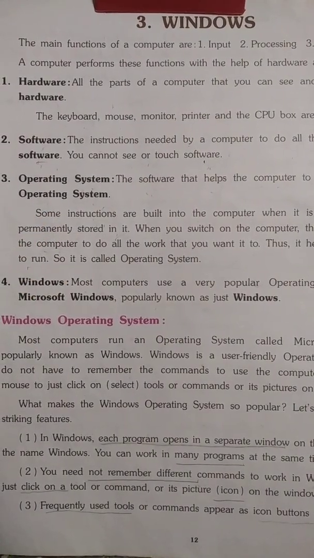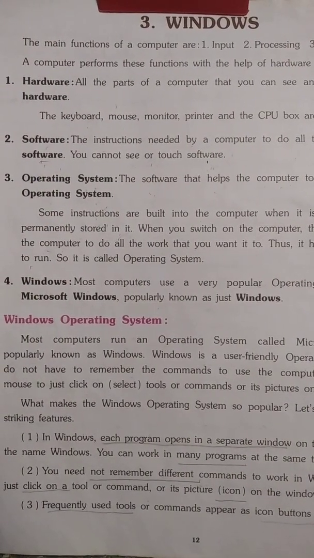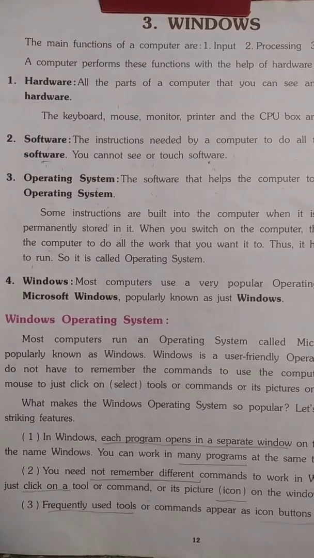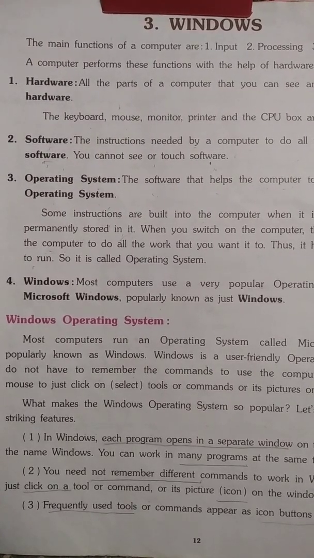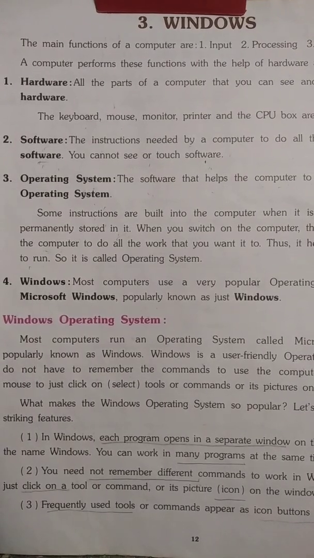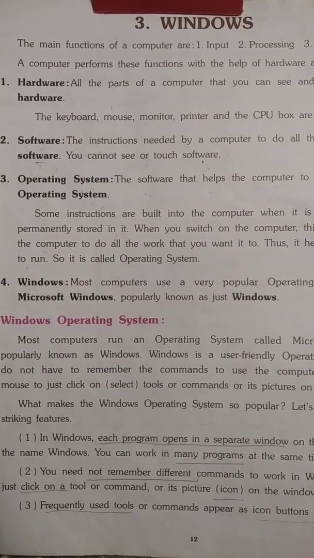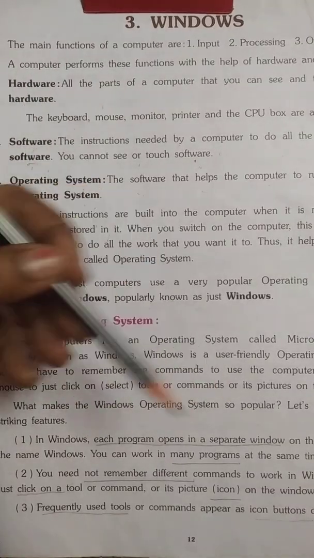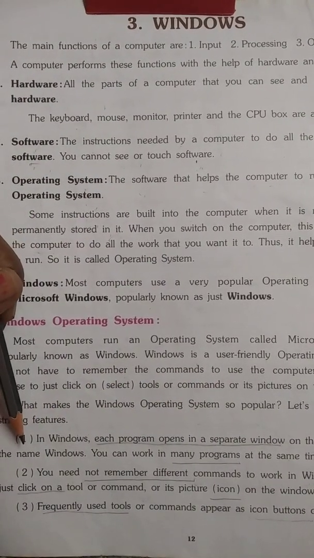For example, if you want to open the Paint application, you just have to click on Paint. If you want to open Word or Excel, which you are going to study in your upper classes, you can open those in separate windows on the screen.